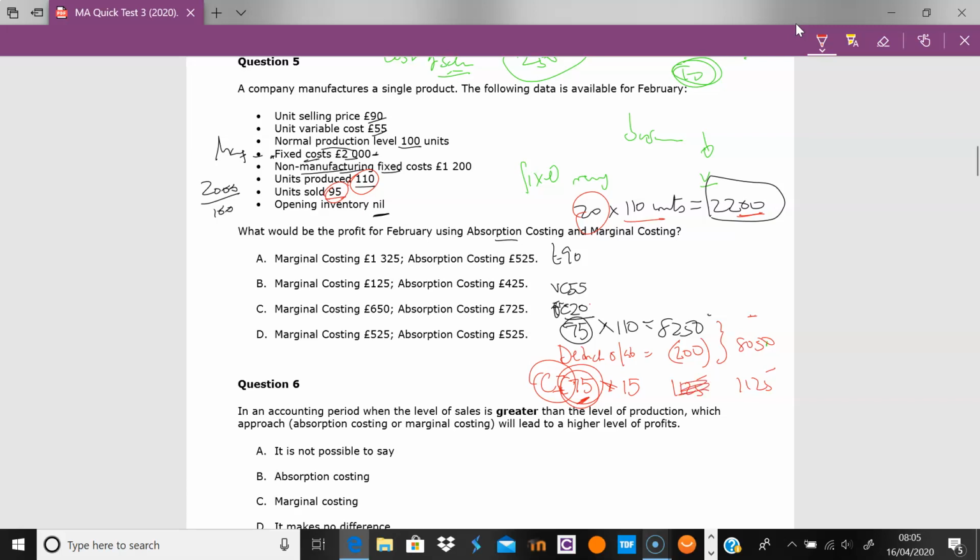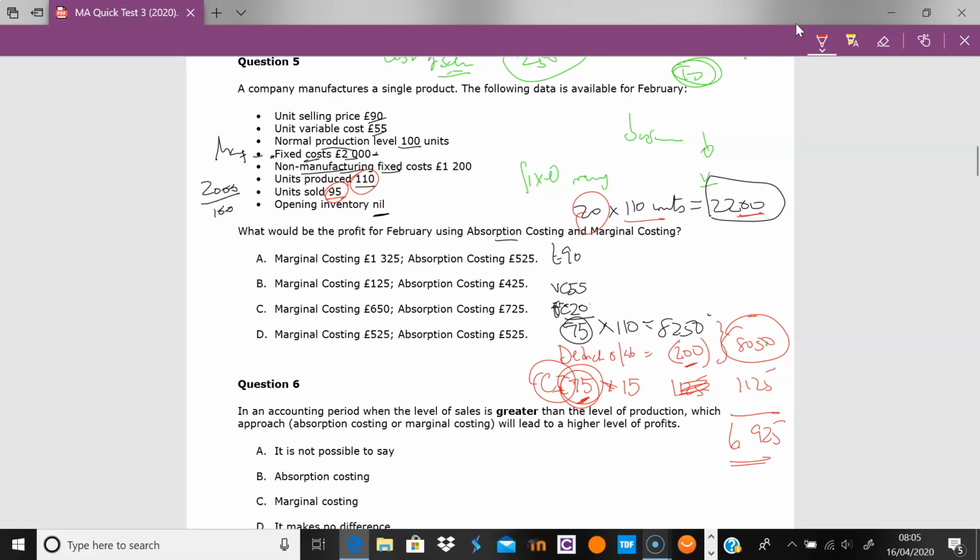So technically my cost of sales is the production adjusted for the over absorption on the fixed overheads, less my closing inventory, which gives me 8050. 8050 minus 1125 is 6925. So the cost of the 95 units that we sold is 6925. Now let's look at this.